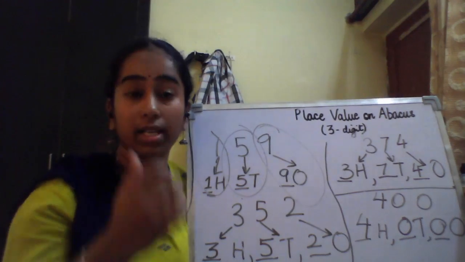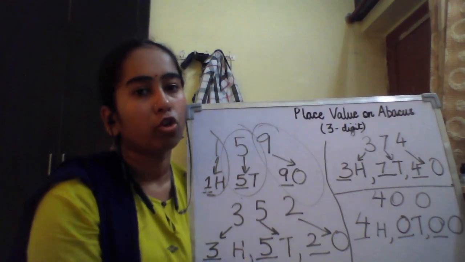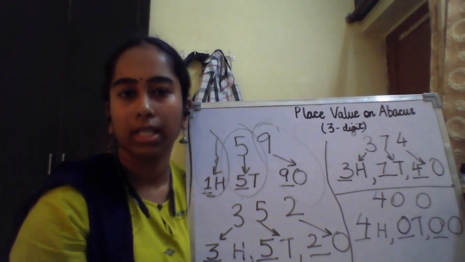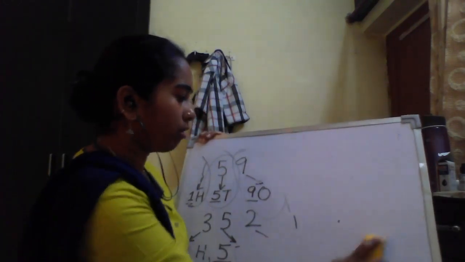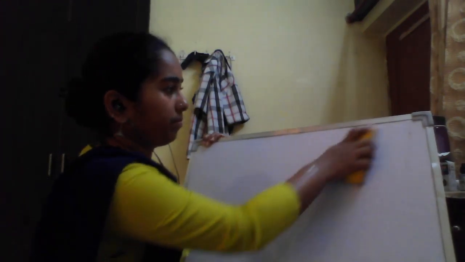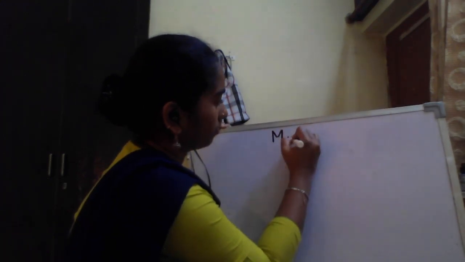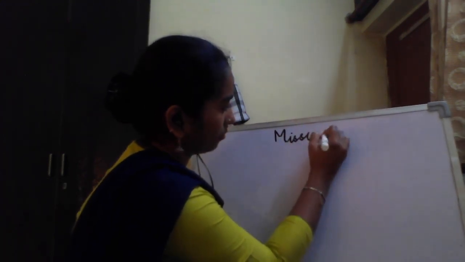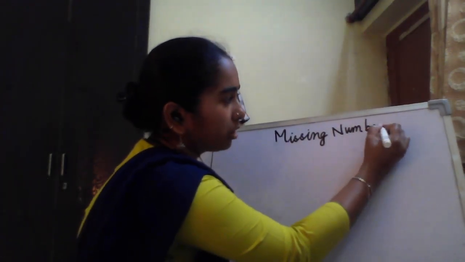So the next thing that we are going to do today is missing numbers. Till now you have done missing numbers up to 2-digit numbers, right? So today we are going to do missing numbers of 3 digits. You all know the counting, right?